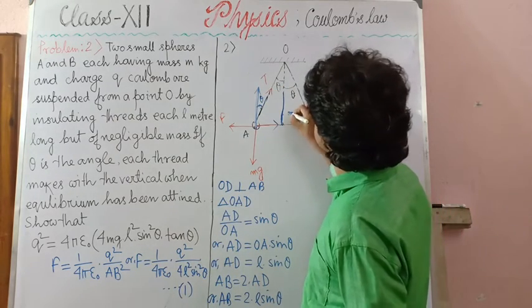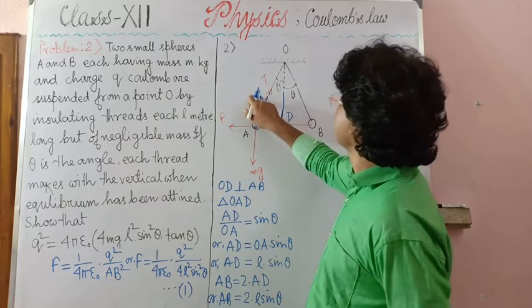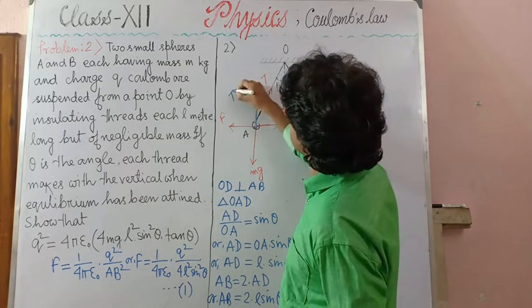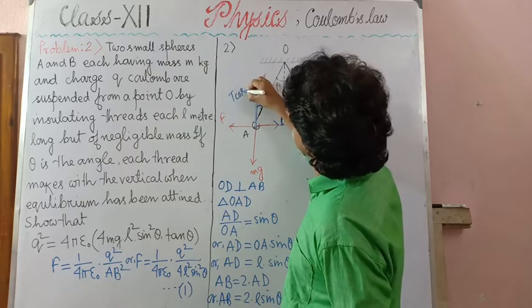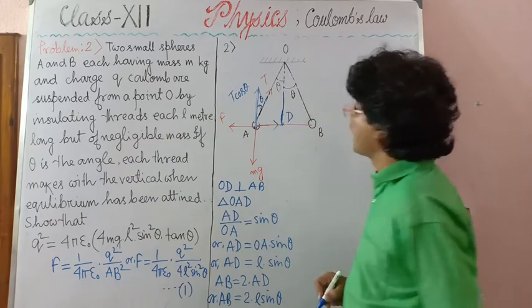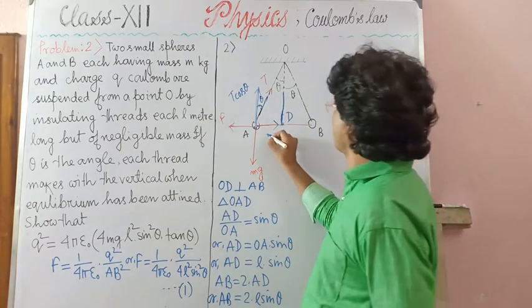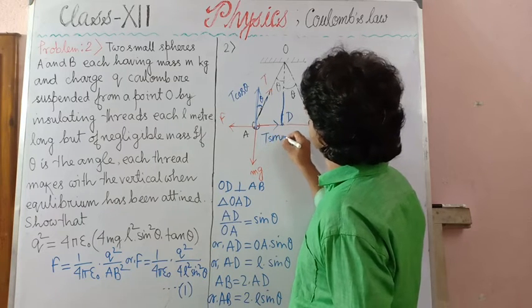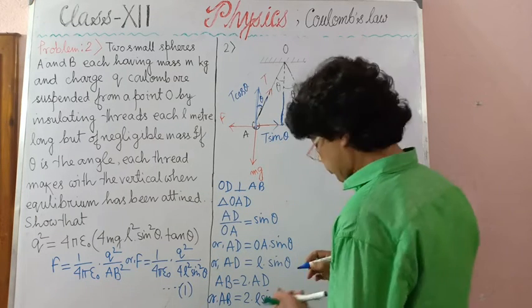So the vertical component of tension T is T cos theta, and the horizontal component of T is T sin theta.